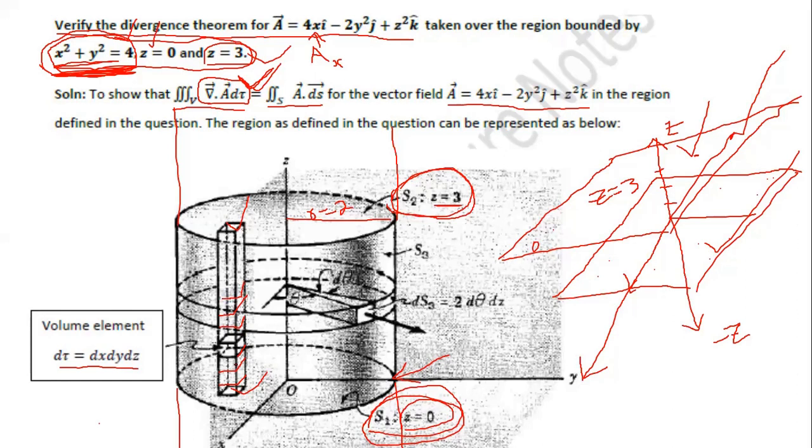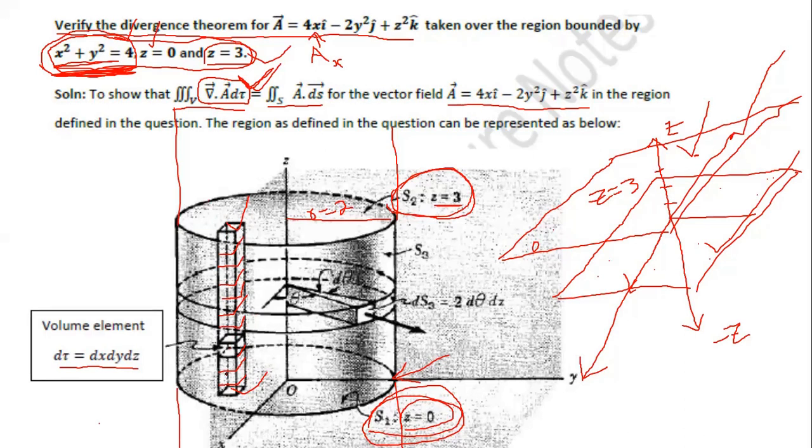From z equal to 0 to z equal to 3, you can have a very large number of volume elements. So the divergence of A into d tau simply represents the net outflow of the vector field from this volume element.